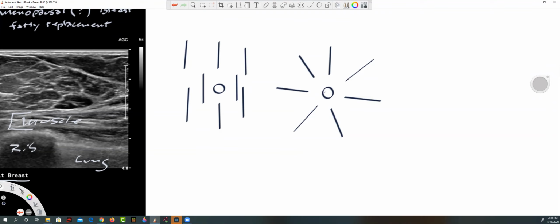Each one of these black lines is a transducer position. The circle is the nipple. These lines are all sagittal. These are all radians.